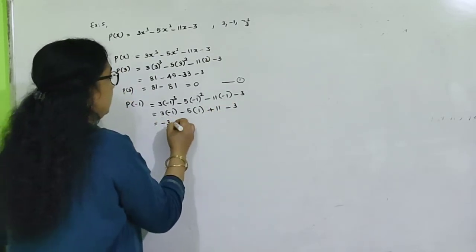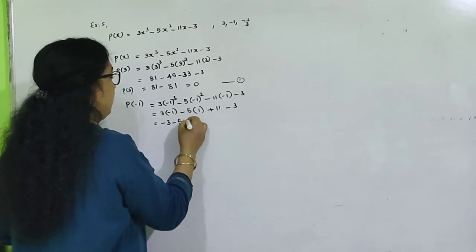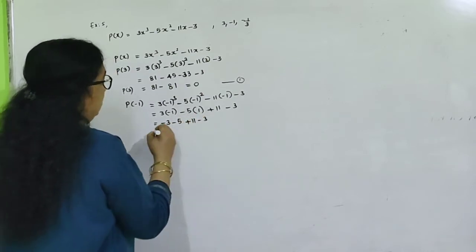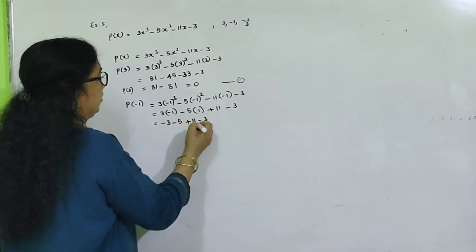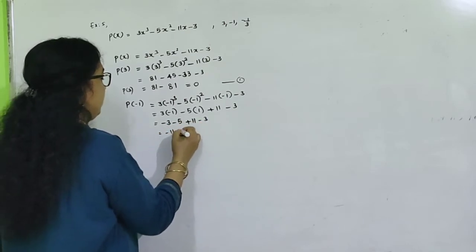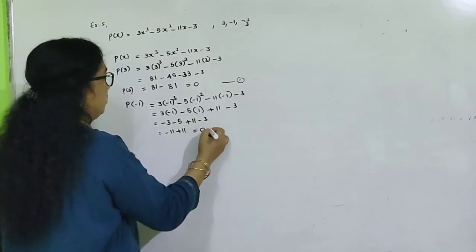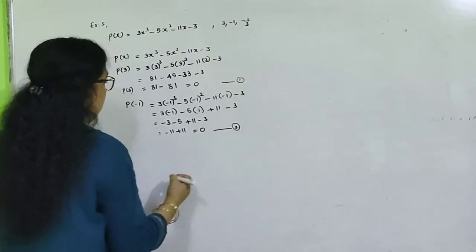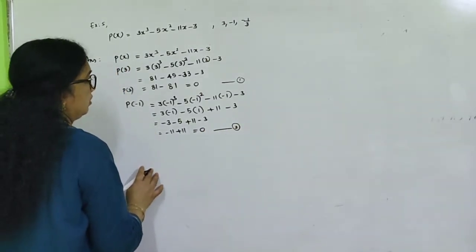So minus 3 minus 5 plus 11 minus 3. The negative numbers add to minus 11, and plus 11 gives 0. So p of minus 1 is 0.